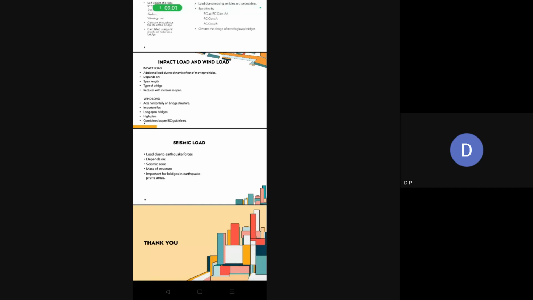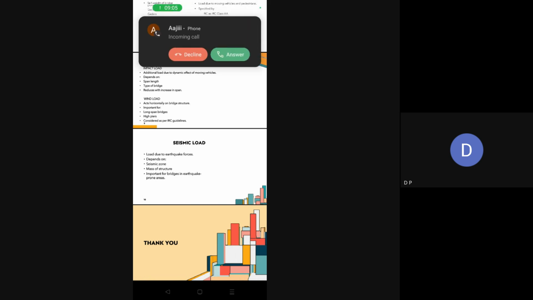Wind load acts horizontally on bridge structure. Importance of long span, high piers considered as per IRC guidance. Then seismic load: loads due to earthquake force, depends on seismic zone, mass of structure, important for bridges in earthquake zones. Thank you, sir.